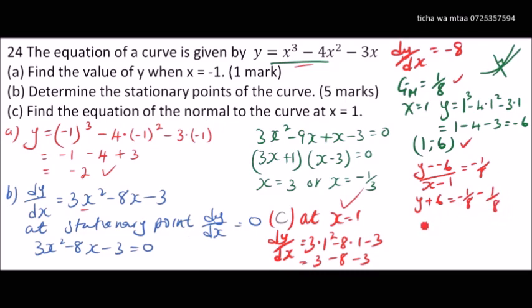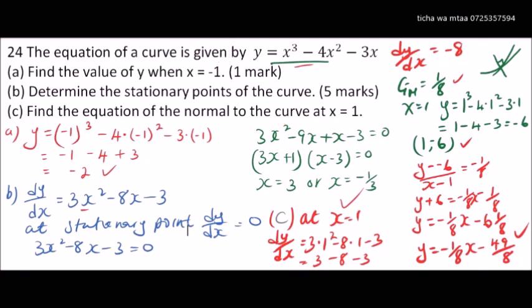Take 6 to the other side, you have y is equal to minus 1 over 8x, minus 6 and 1 over 8. So when you write it in proper form, you have y is equal to minus 1 over 8x minus 49 over 8. So that's how you work out that question, and you get yourself 10 marks.